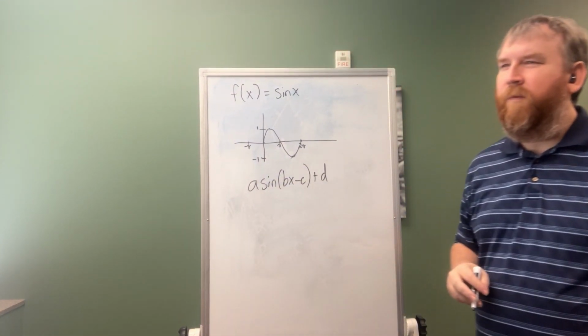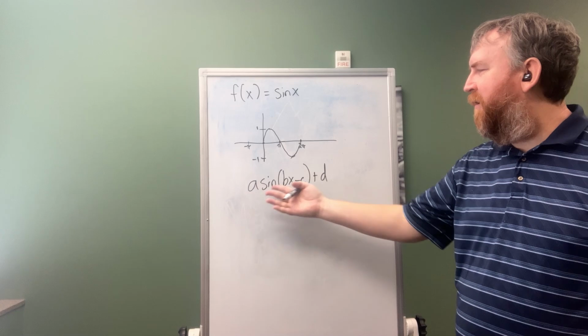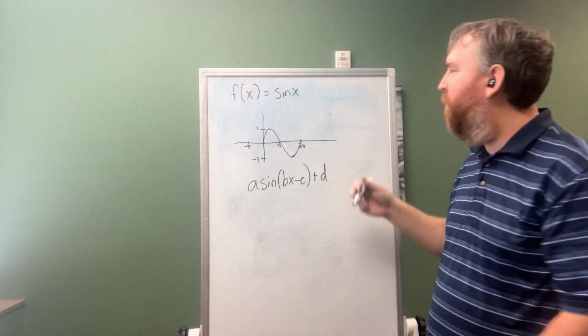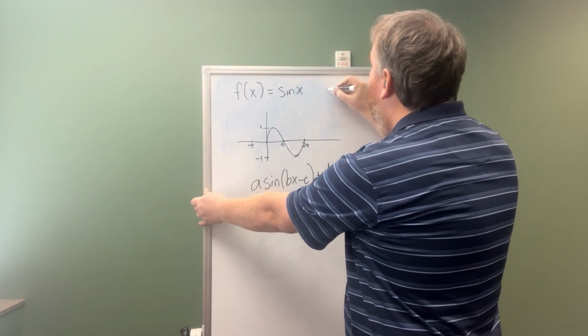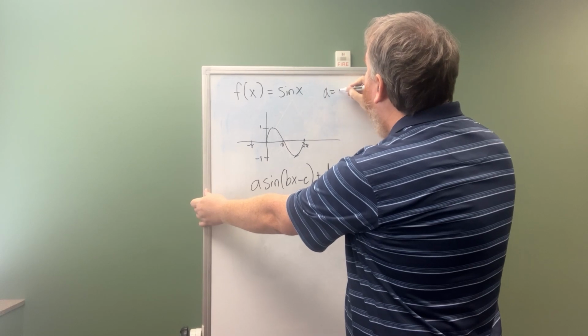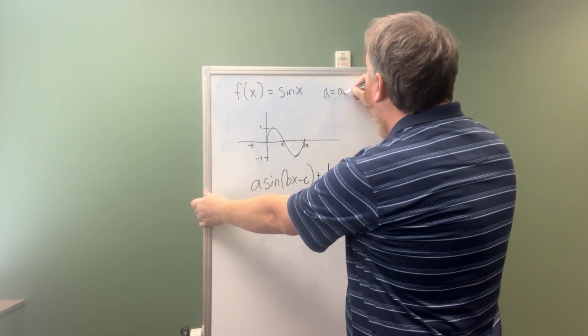All right, so what do all these letters mean? Well, A is telling us what our amplitude is.